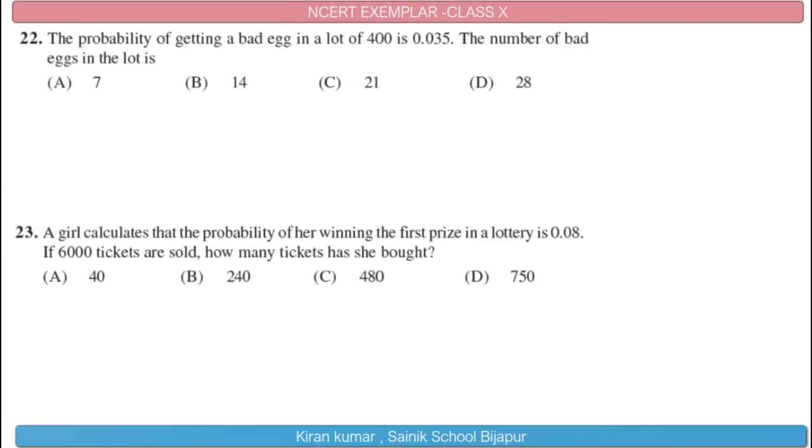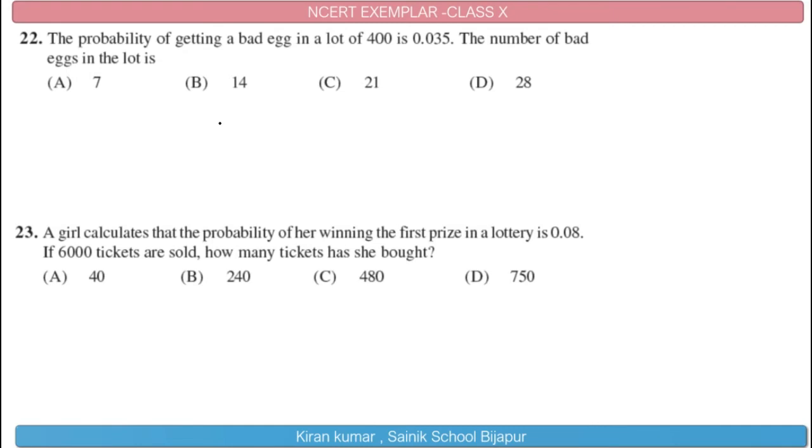Question number 22. The probability of getting a bad egg in a lot of 400 is 0.035. The number of bad eggs in the lot is.